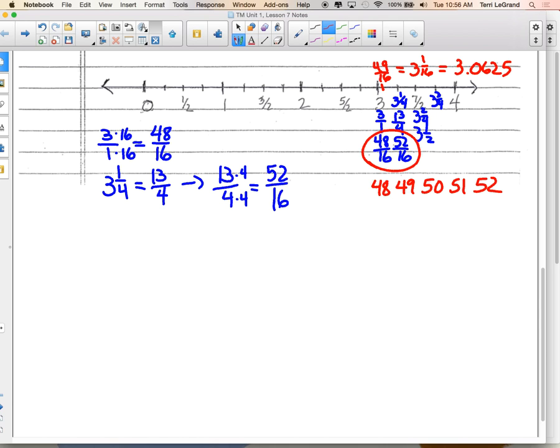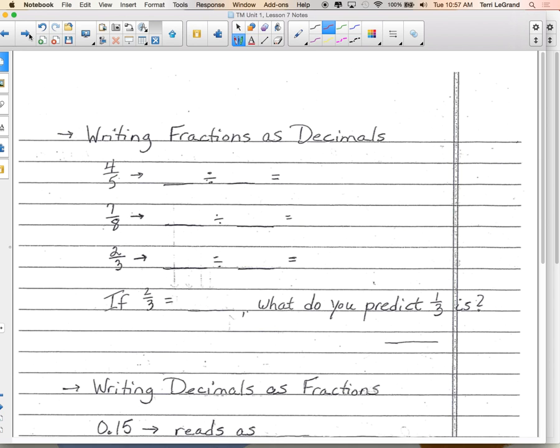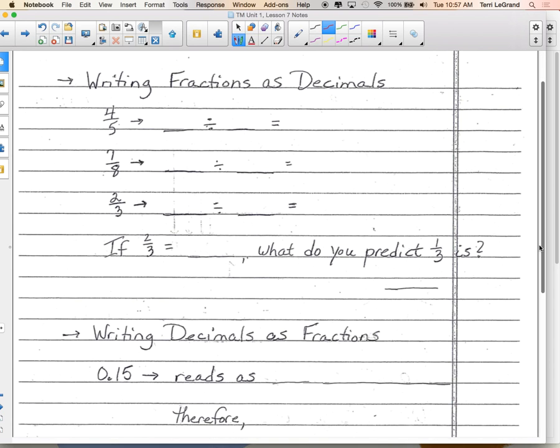Okay, let's go to the back side. Okay, you get to use your calculators. But first, before we do that, we're going to show what we're going to put into our calculator. We're gonna now tackle the learning goal, writing fractions as decimals. So remember, to write a fraction as a decimal, what do we do?